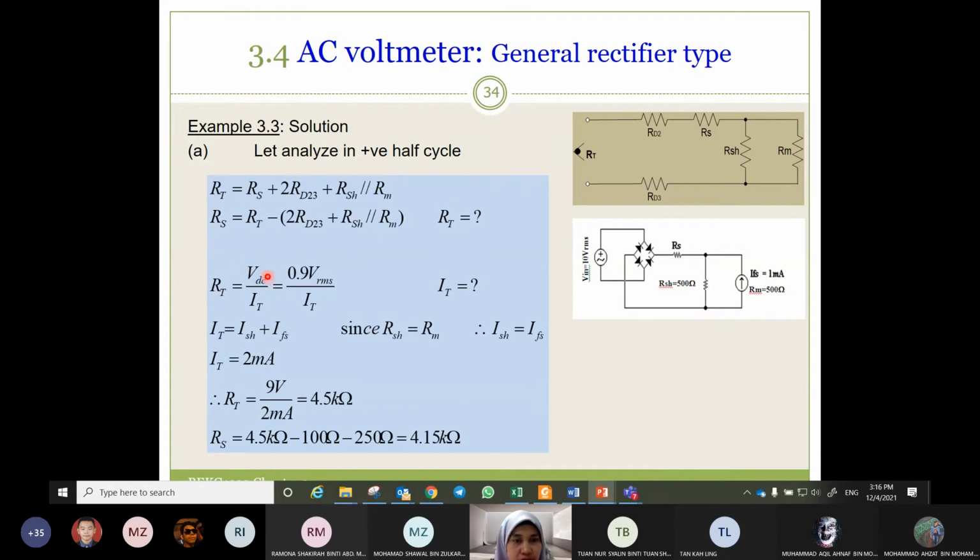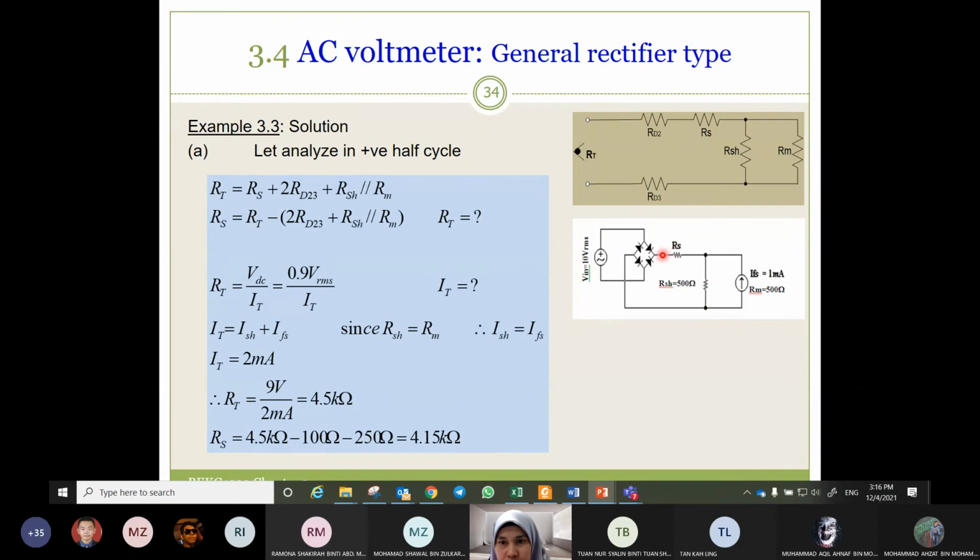Remember that this is VDC. VDC for a full rectifier is equal to 0.9 VRMS. We know VRMS, and we have to find R total. So 500 here, 500 here, 1 milli here. Of course, 1 milli also flows through our shunt.